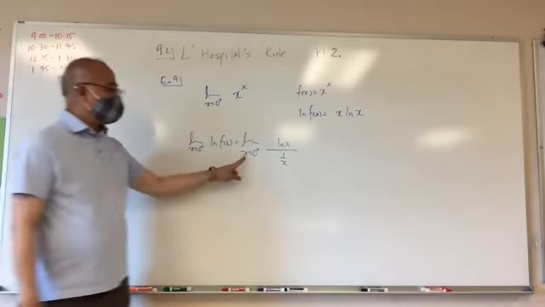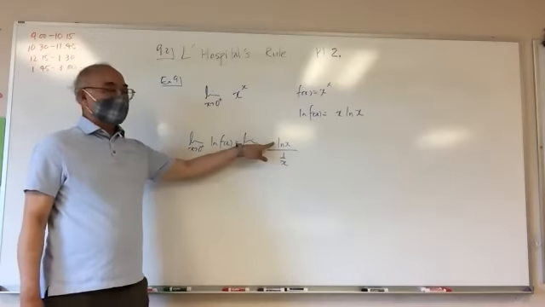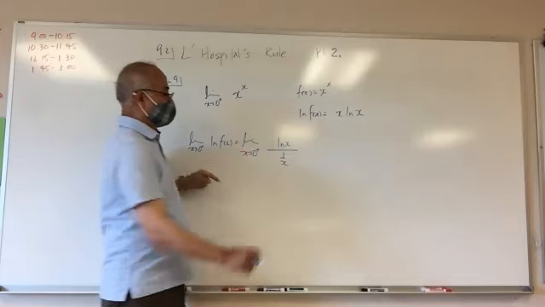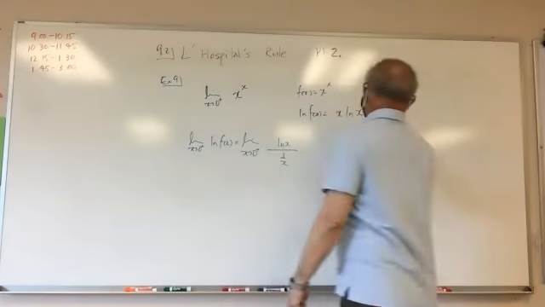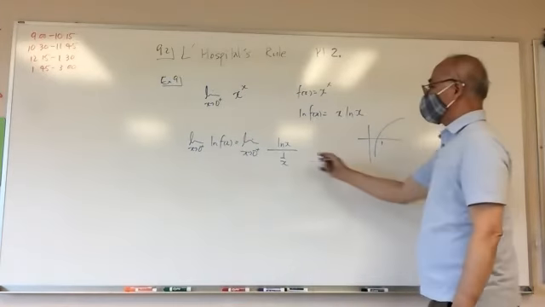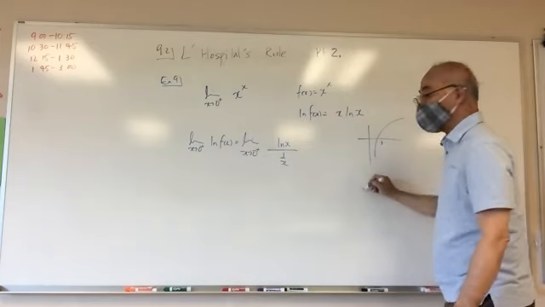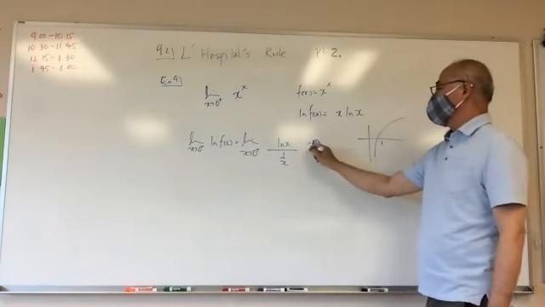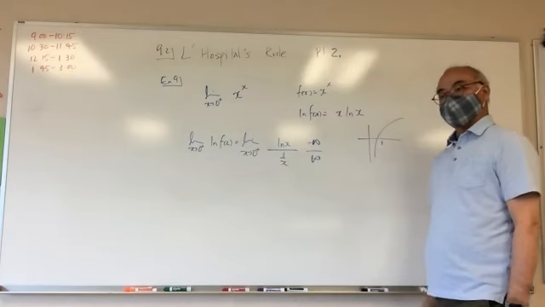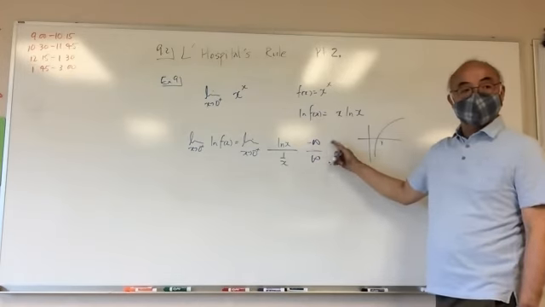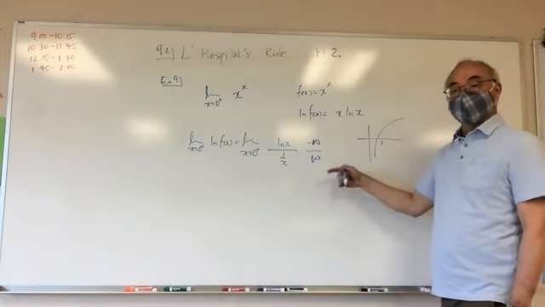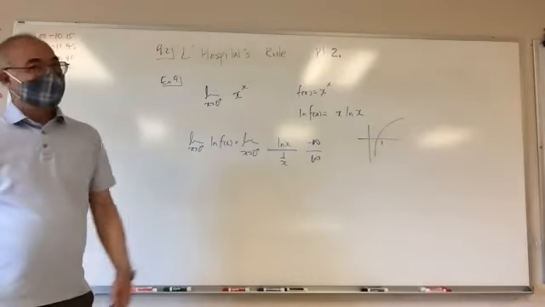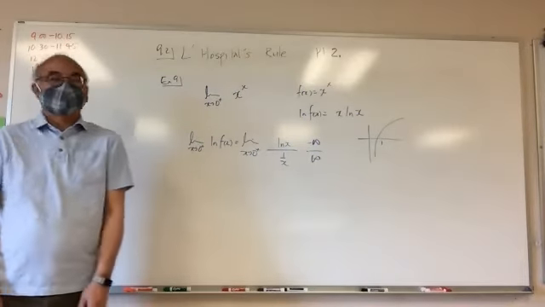So when x goes to 0, natural log goes to negative infinity, and 1 over x goes to positive infinity, right? So basically you have an infinity over infinity thing, which is one of the forms in L'Hopital's rule. It doesn't matter whether it's negative or positive.